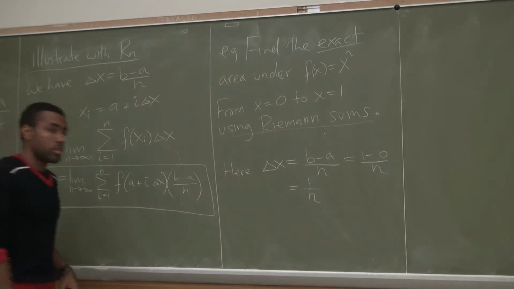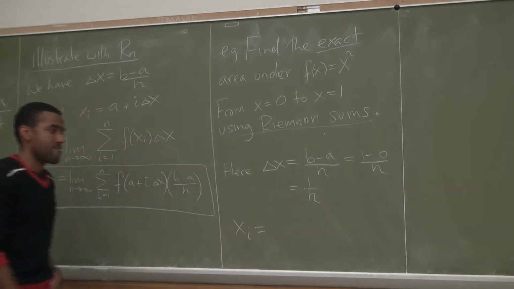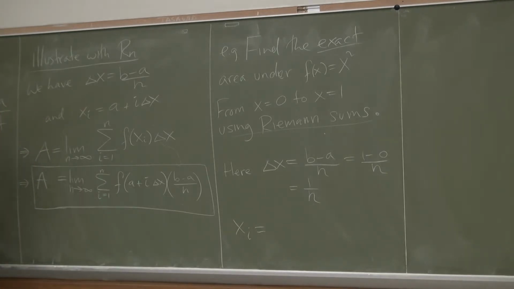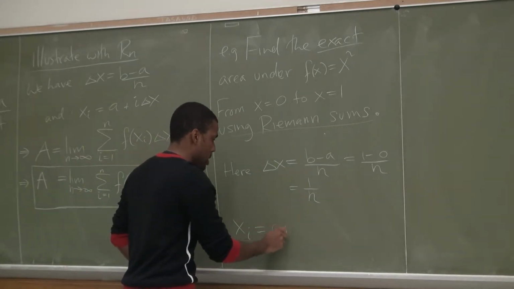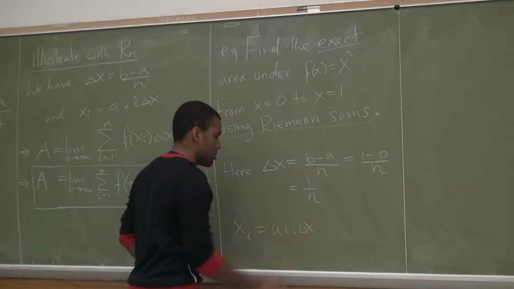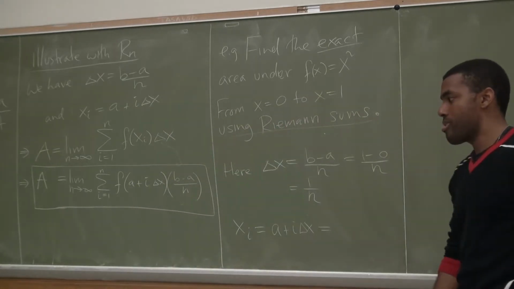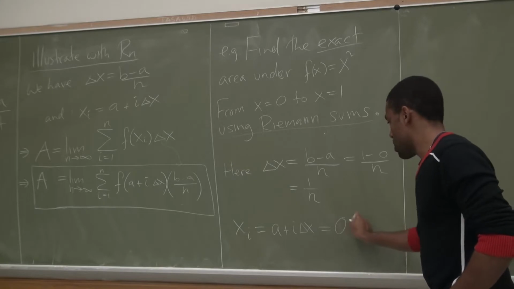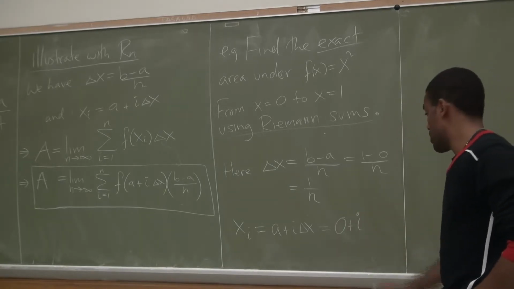That's our delta x. How do we find the xi's? xi would be the ith point of the sum. It's a plus i delta x, right? What is a? a is 0 plus i times what is delta x? 1 over n.